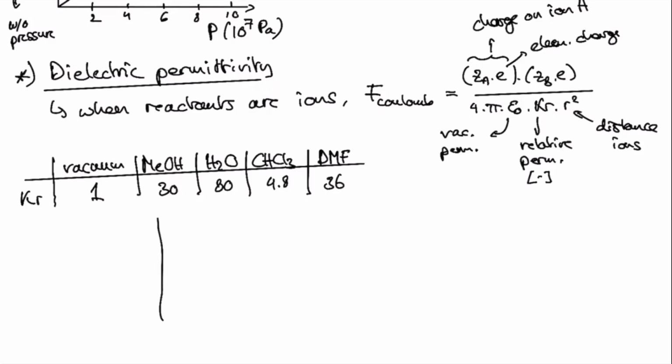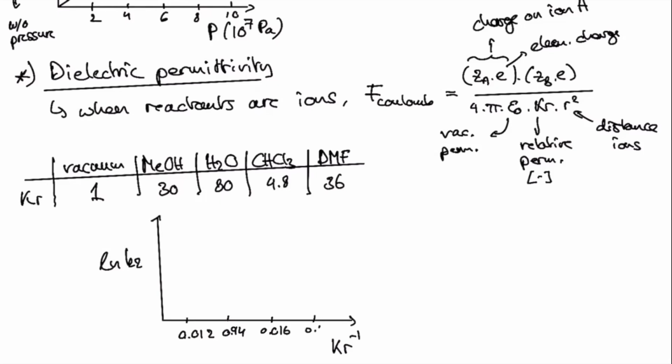So for example, if you look at ln k2 versus 1 over epsilon r, again, let's put some values here: 0, 2, 4.